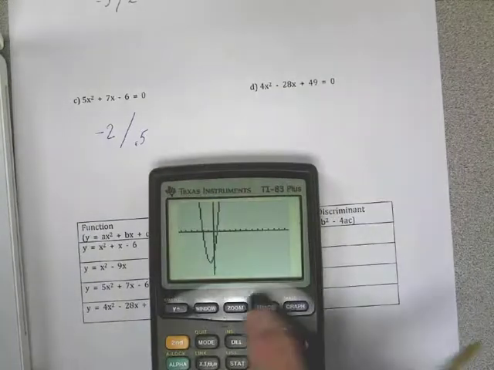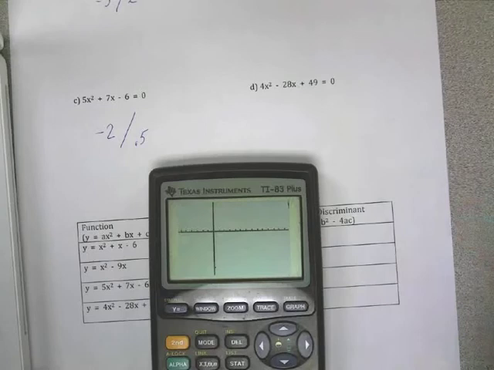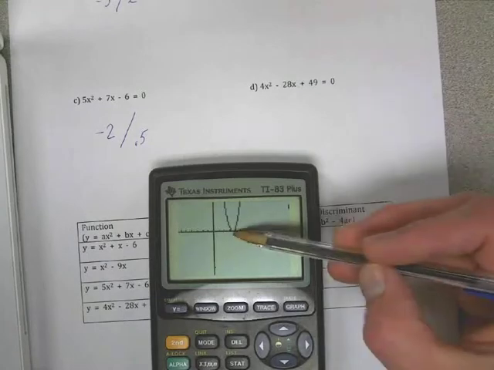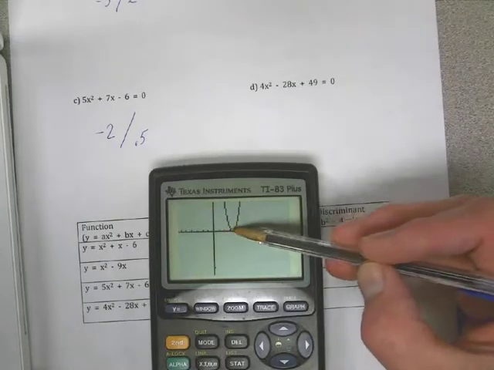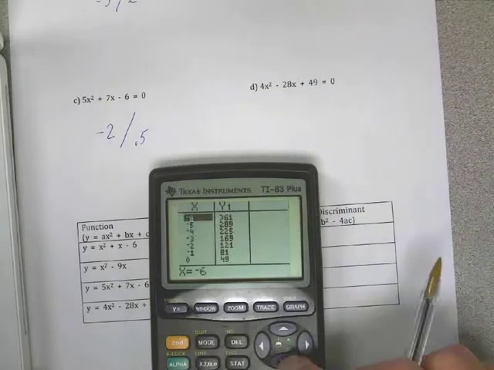This one over here, D, once again, y equals button, clear it. I'm going to enter 4x squared minus 28x plus 49. I'm going to graph it, and it just touches the axis. Because it only touches it once, that means there's probably only one answer. So let's see if I can find the answer in the table here.